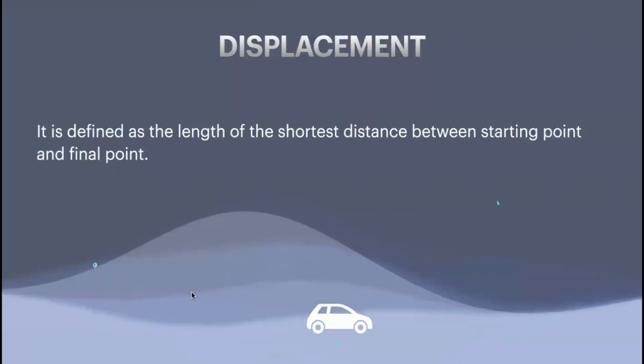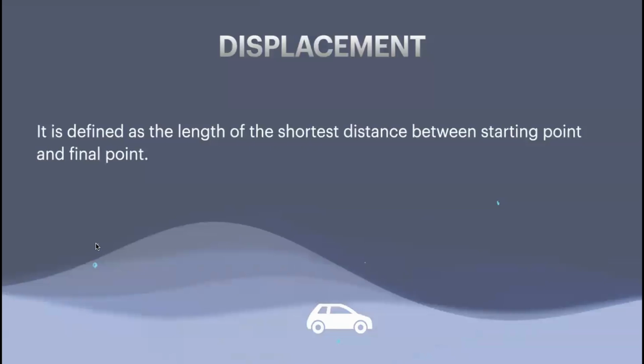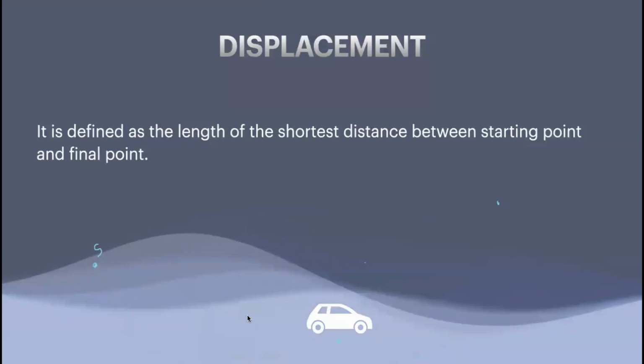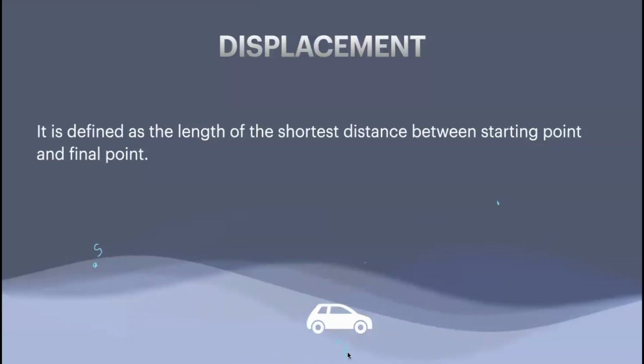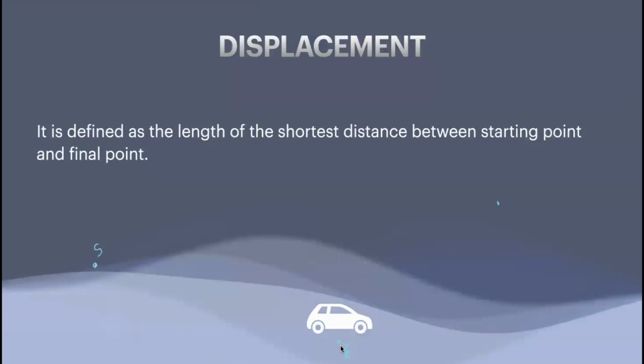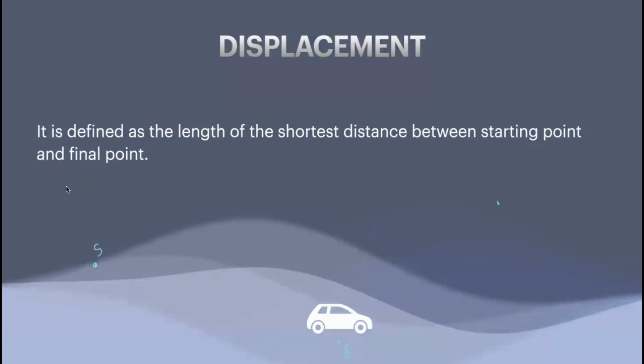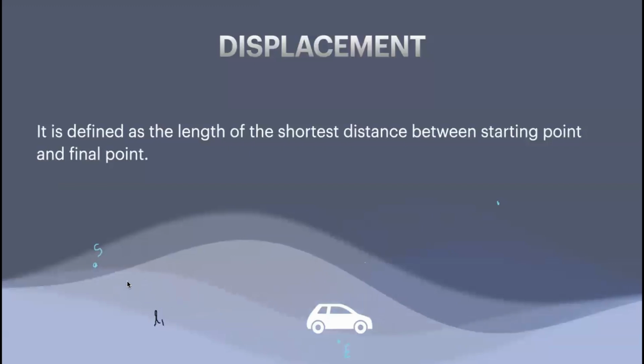Now, which is the starting point? This is the starting point. And which is the ending point? This is the ending point. Correct? So, what is displacement? It is nothing but the distance between the starting and the ending point, S and E.